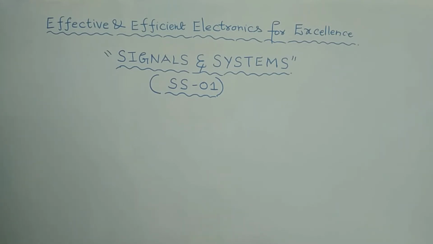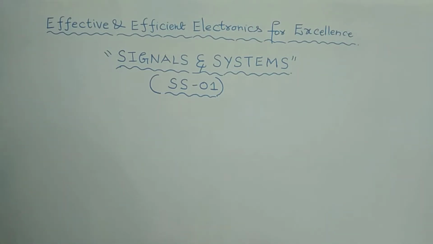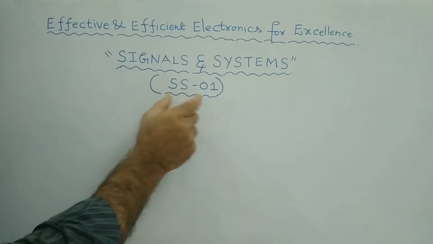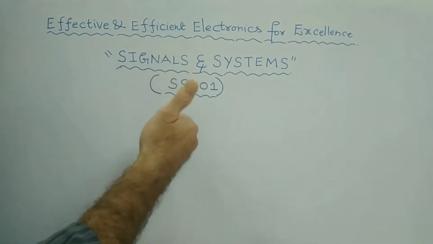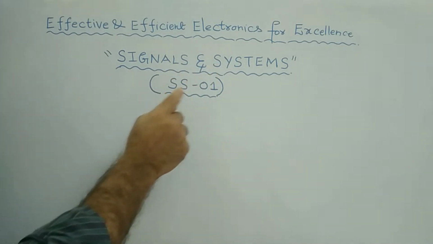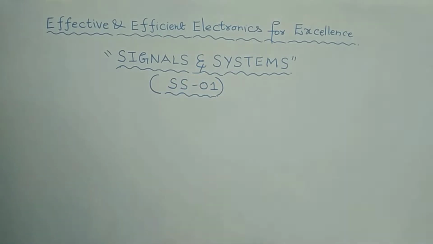In today's presentation, I would like to give you a brief overview of the signals and systems subject. Don't confuse this with our starting module. Instead of lecture 1, lecture 2, lecture 3, which we saw during our control systems presentations, for signals and systems I will use SS 01, meaning signals and systems lecture number 1, and follow like that.